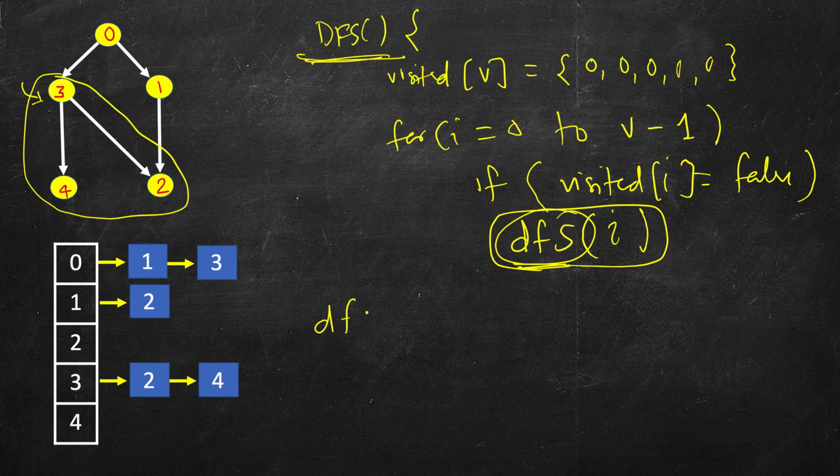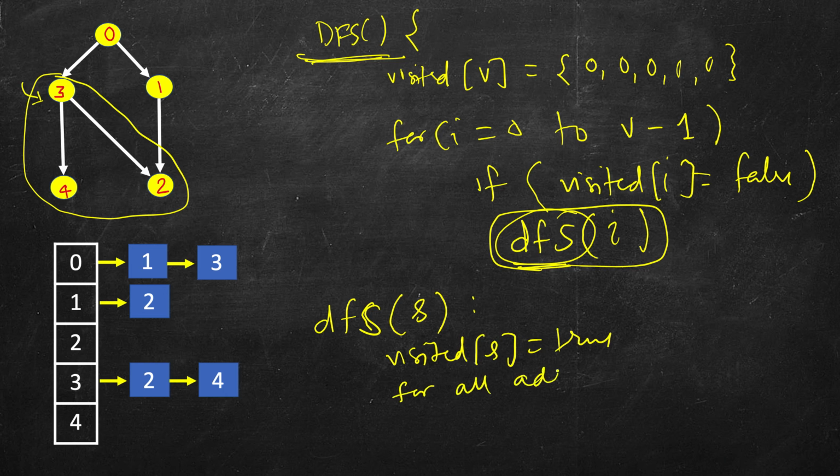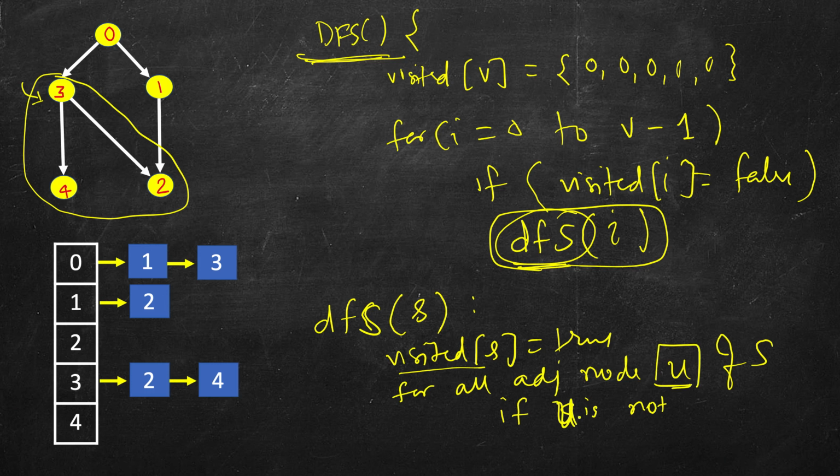And this DFS is taking a node S from where to start DFS. So it will mark visited S as true. Then for all adjacent nodes U of S, if U is not visited, then call this function itself again.